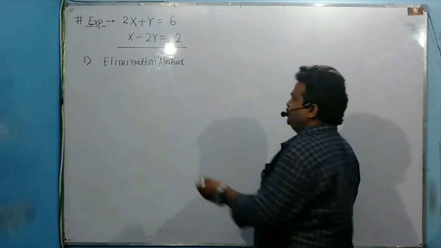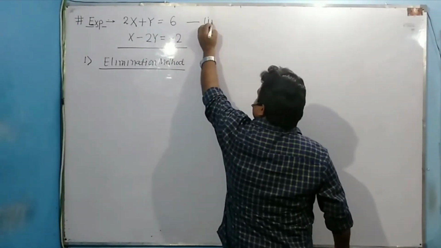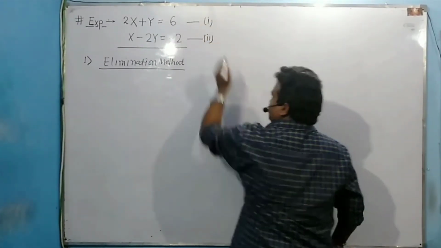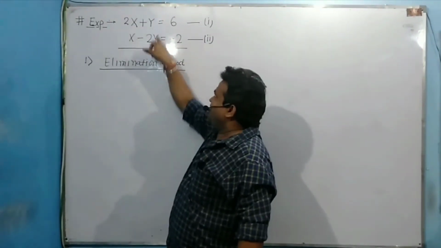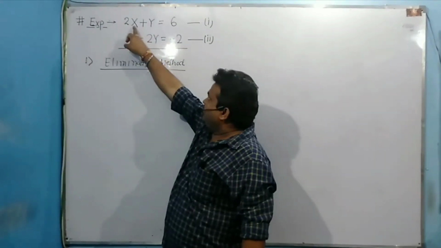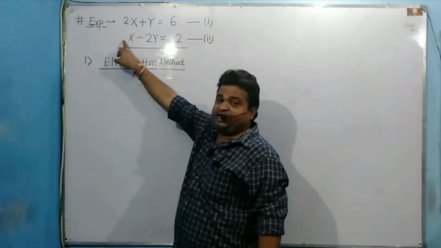Now I am going to tell you once again how you eliminate. This is equation number 1, this one is equation number 2. Now you can equate either the x variable or the y variable. Here the x coefficient is 2, but in this case my x coefficient is 1.